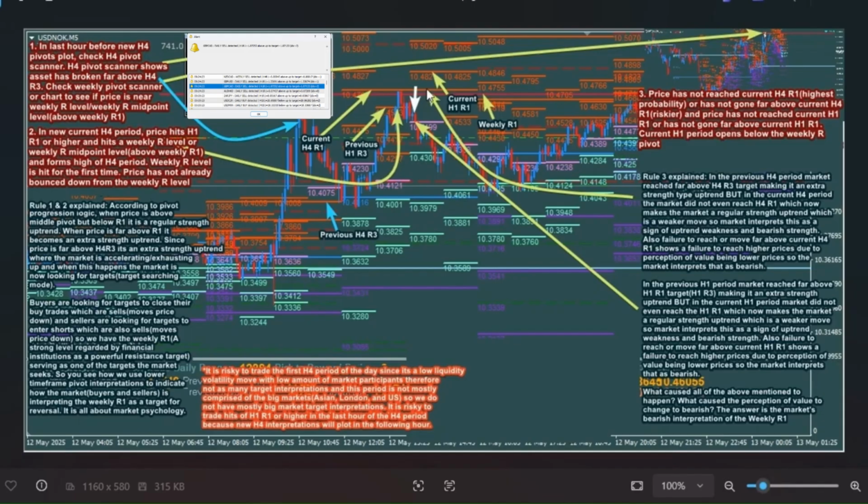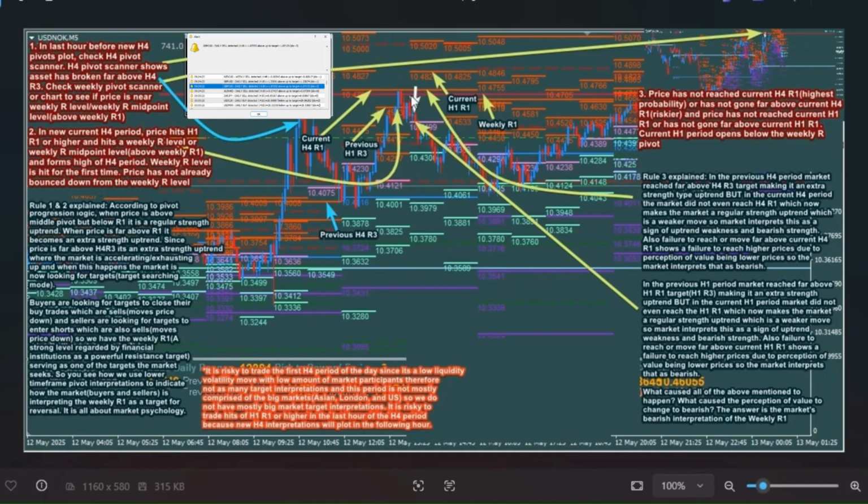Okay? So that is weakness, because we went from an extra strength uptrend in the previous period to a regular strength uptrend in the current period. Okay? And the market interprets that as uptrend weakness and bearish strength.